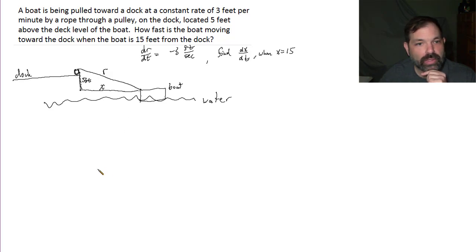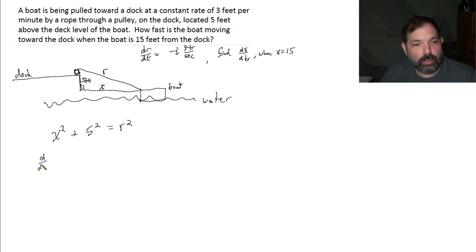All right, so let's see. How can we relate these quantities? Well, if we assume that we have a right triangle, I can apply the Pythagorean theorem. I know that x squared plus 5 squared is equal to r squared.